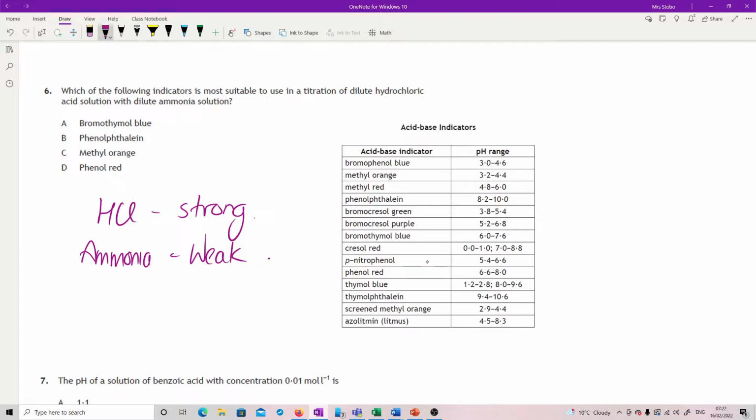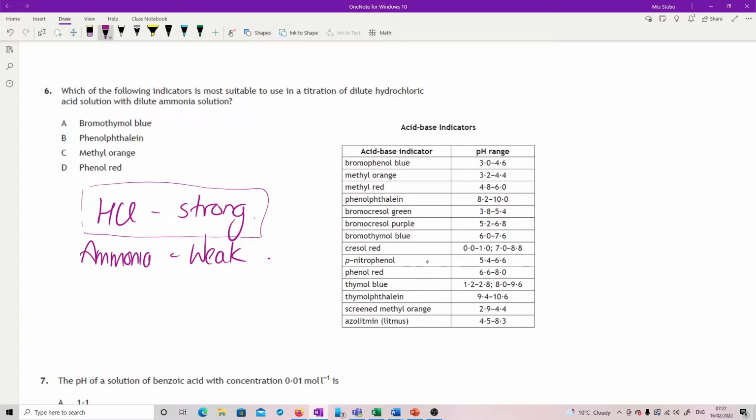If you're struggling to remember, look at your dissociations page, and anything which is on that page by definition has to be weak. But I would expect you to know your strong acids and strong alkalis. Your strong acids: hydrochloric, nitric, sulfuric, the main ones that you've used all the time. And your strong alkalis would be sodium hydroxide, potassium hydroxide, all of them.